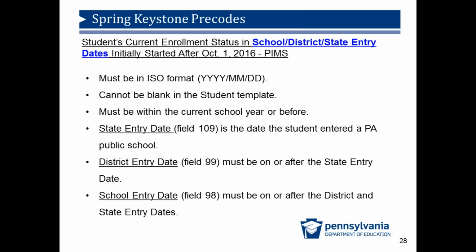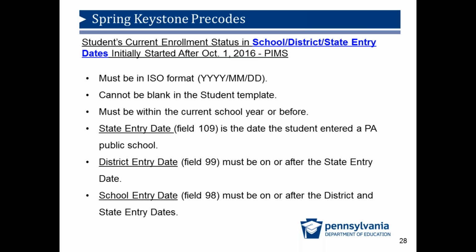The school, district, and state entry dates in the student template are also used to determine if a student record is included in the DRC file from the internal snapshot. Refer to slide 16 again for criteria used to determine if a student record is included or excluded in the DRC file. The guidelines for submitting the school, district, and state entry dates are as follows.